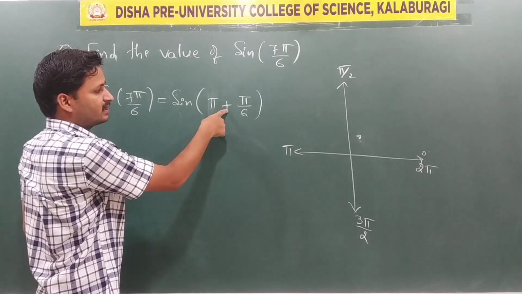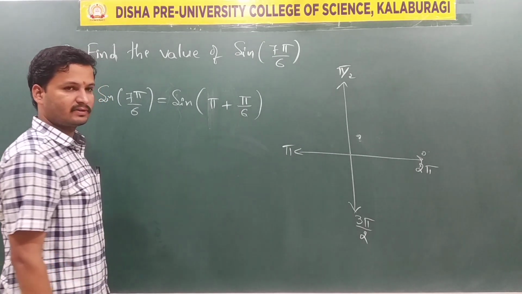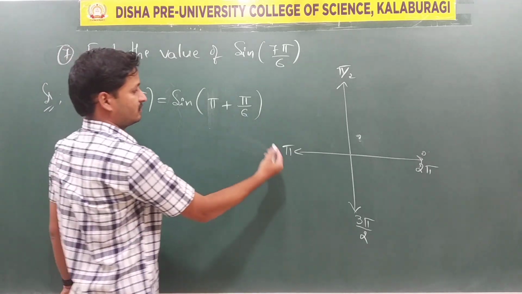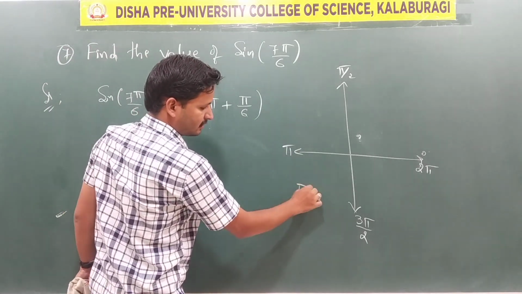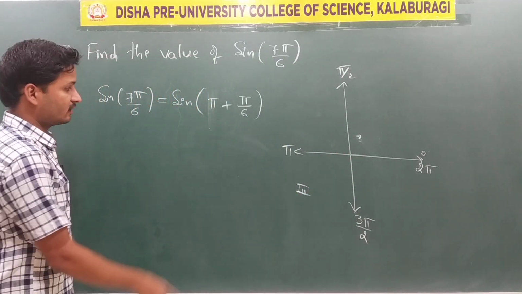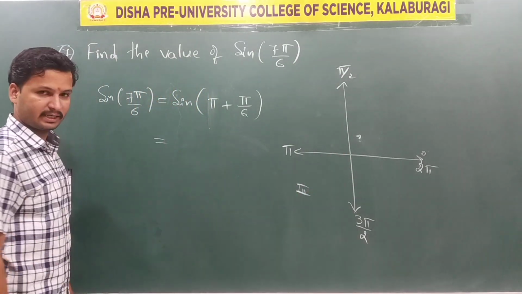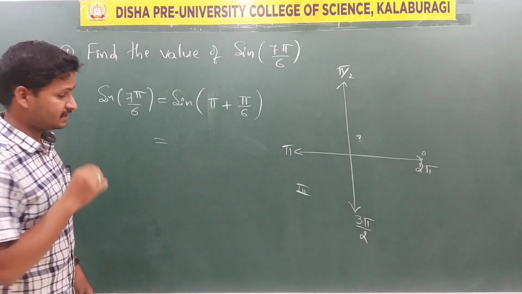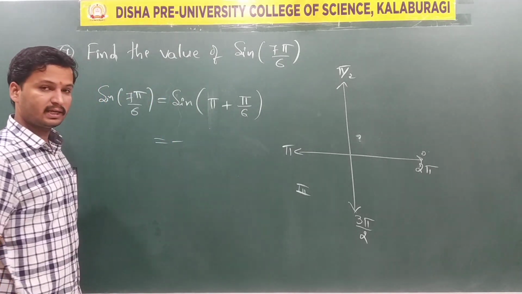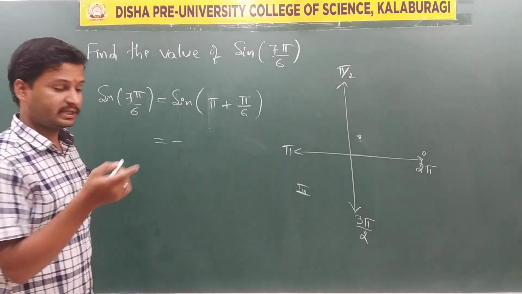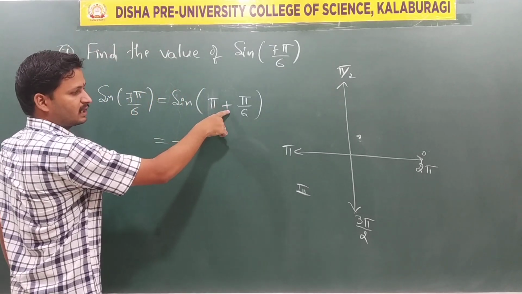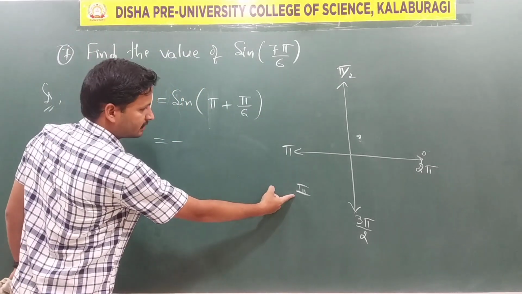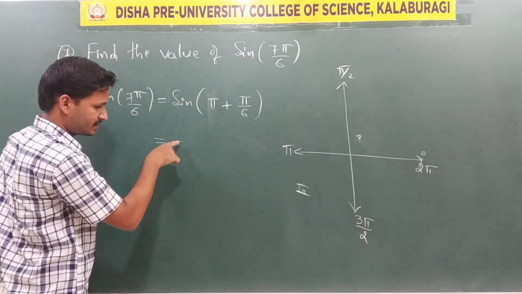So pi plus theta lies in the third quadrant. In the third quadrant, is the sine function positive or negative? Definitely negative. Only tan and cot are positive in the third quadrant.